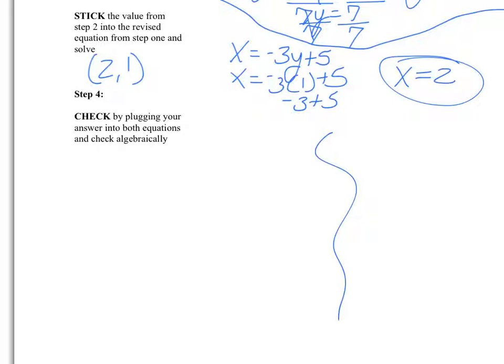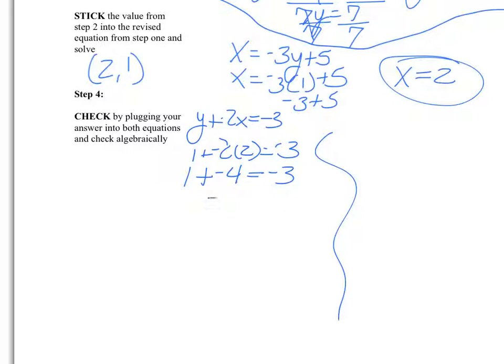So the first equation, y plus negative 2x equals negative 3. 1 plus negative 2 times 2 needs to equal negative 3. 1 plus negative 4 needs to equal negative 3. Negative 3 equals negative 3, and that answer checks.